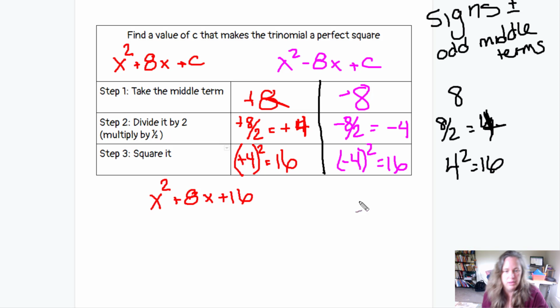And with the pink trinomial, we get x squared minus 8x plus 16. And they're both positive 16 because a positive number squared is a positive and a negative number squared is a positive. So that takes care of signs.